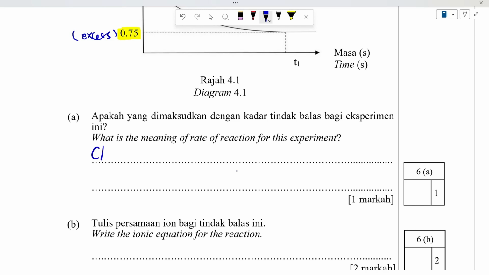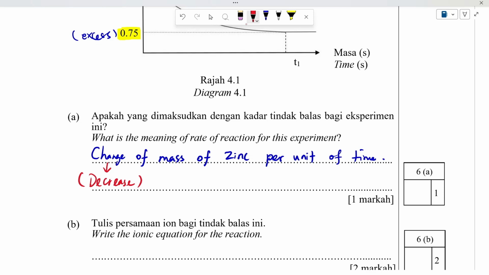Change of mass of zinc over the time, so per unit of time. Here we also accept decrease, but change is safer because sometimes it's an increase, sometimes it's a decrease. So using change will be safer.